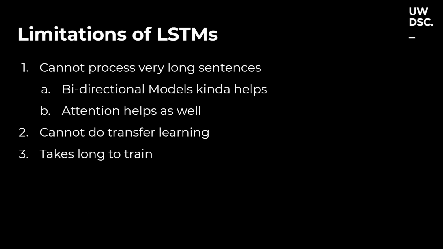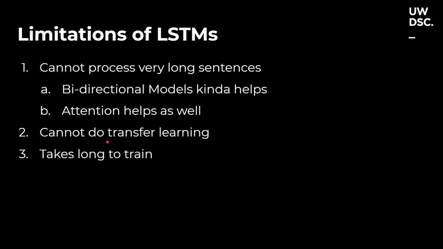So there's a forward pass and a backward pass. You add them together, and they just remember stuff better. There's also an attention mechanism that helps in an LSTM. We will talk about this later after Seq2Seq.